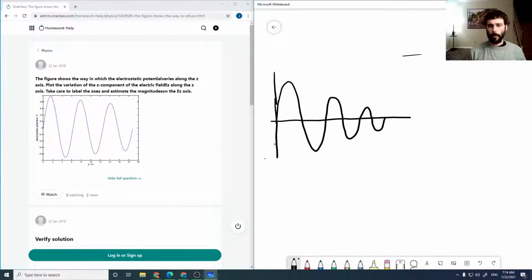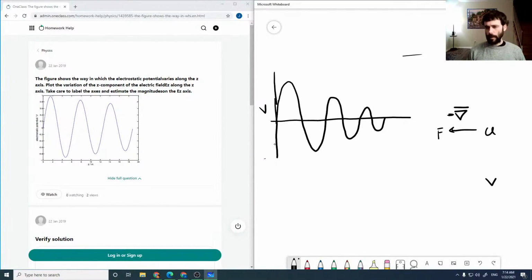So the real point here is, if this is my potential, I like to use this little box here. I can get from my potential energy to my force by multiplication by minus the del, or the derivative vector.